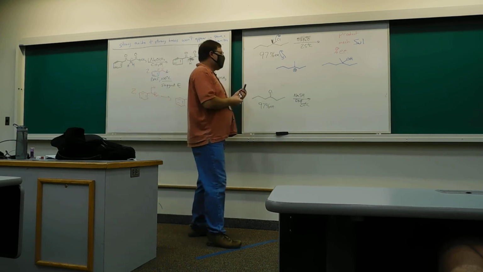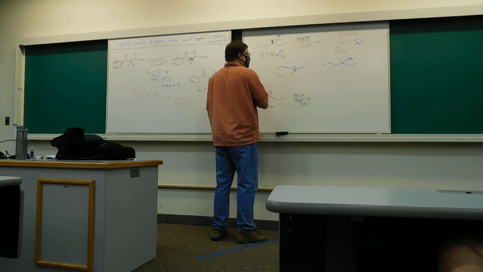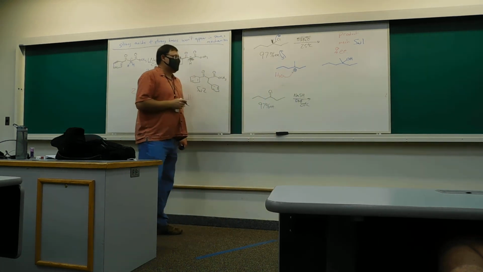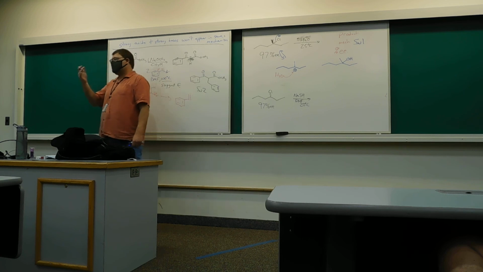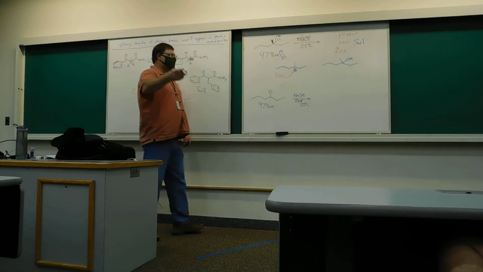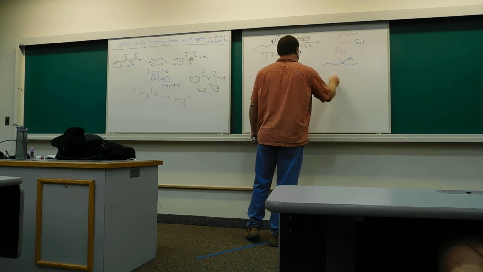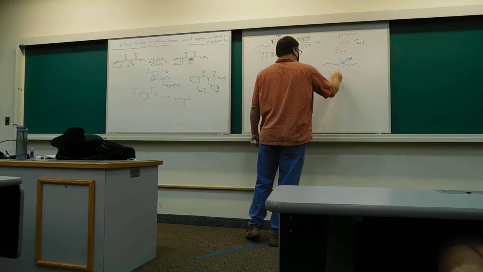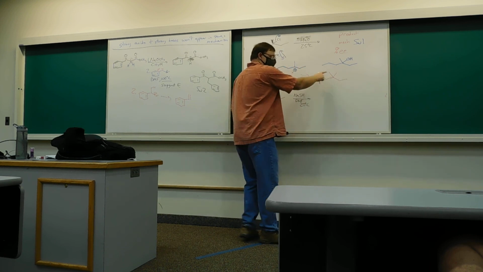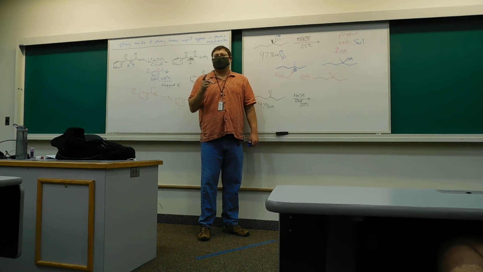Okay? So now I'm just going to go ahead and go through this whole mechanism. Water does attack that carbocation. Carbocations are strong Lewis acids. So water, being a weak nucleophile, weak base, can react with a strong acid. And this is going to give us, again, by not showing wedges and dashes here, I'm saying it's 50-50 either direction.